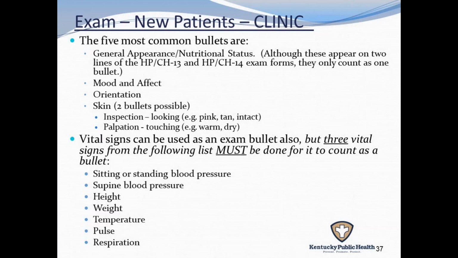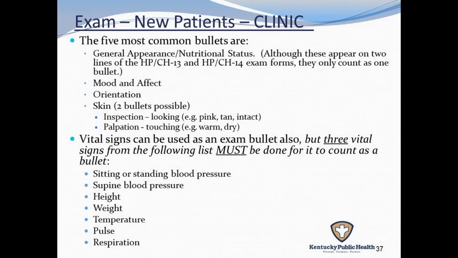You have your general appearance and nutritional status, and just so you'll know, on the H&P 13 and 14, these are on different lines. They should not be, because, well, they can be for purposes in the clinic. However, for coding, they should be on one line because they're only one exam bullet.